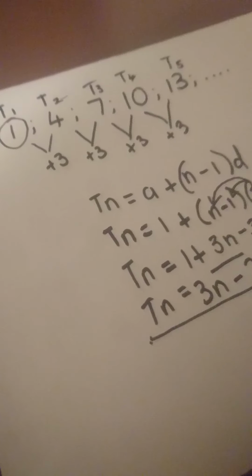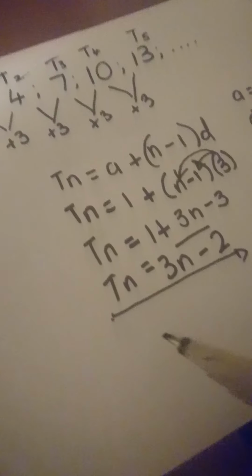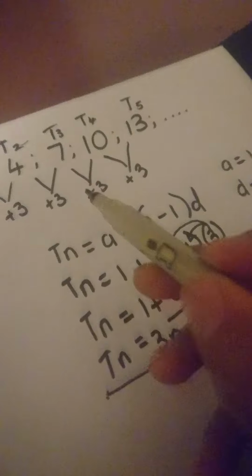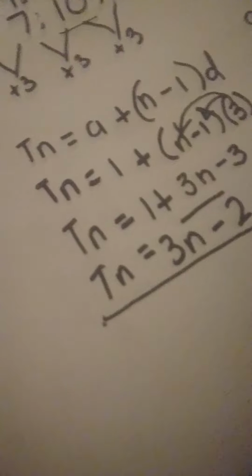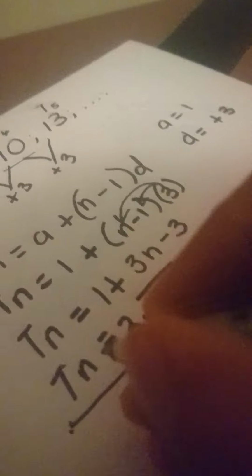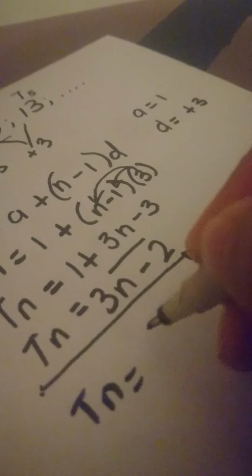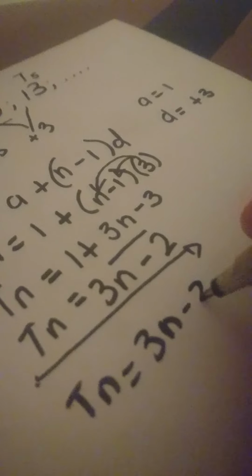Let's check if our formula works. Let's work out term 4, and we must come to the answer 10 because term 4 is 10. We're just testing to see if it works. We write out our general formula as it is, Tn equals 3n minus 2, and wherever we see n, we put 4 because we want to work out term 4.